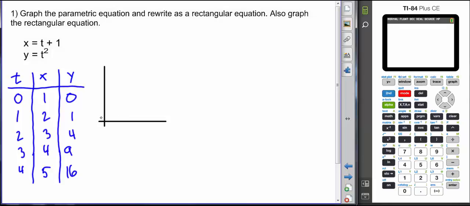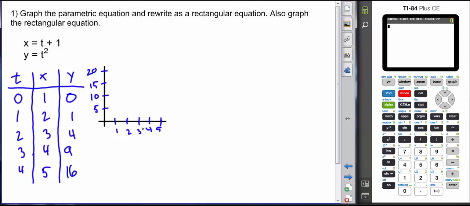But then the y values go as high as 16. So I'm going to count by ones here. These would be our x values down here: 1, 2, 3, 4, and 5. And then over here, I'm going to count by 5s, because if I can get 4 tick marks, that gets me up to about 20. And that should be plenty good for what we're doing with this graph.